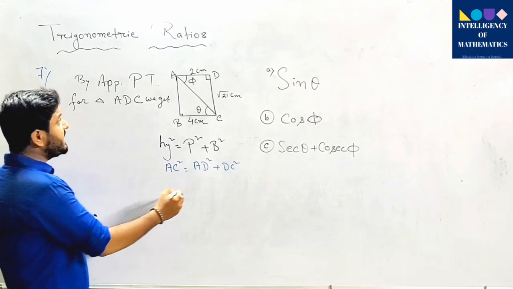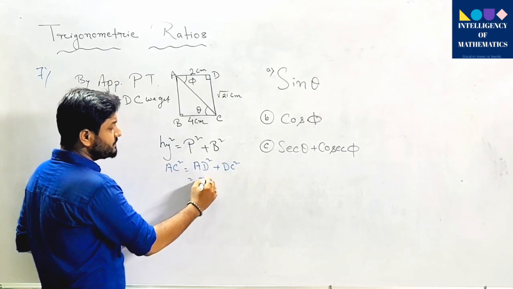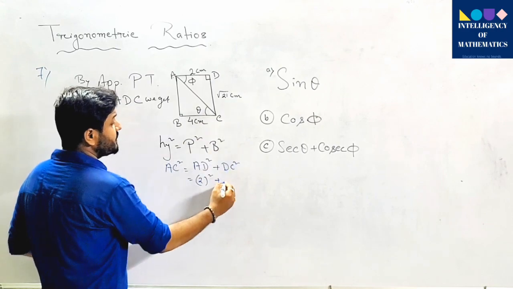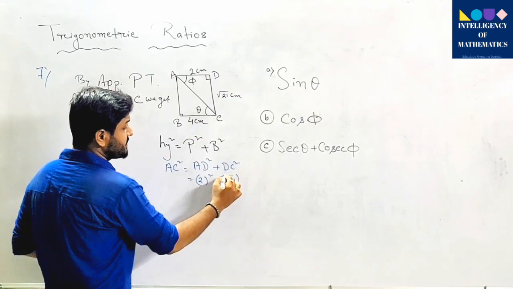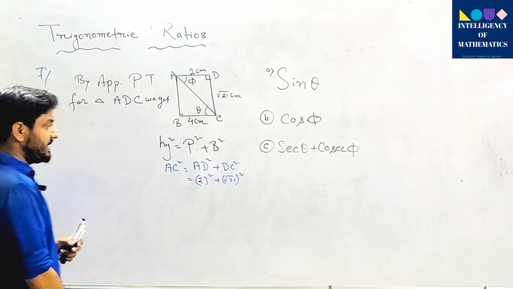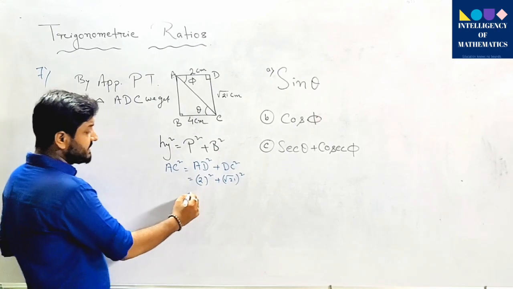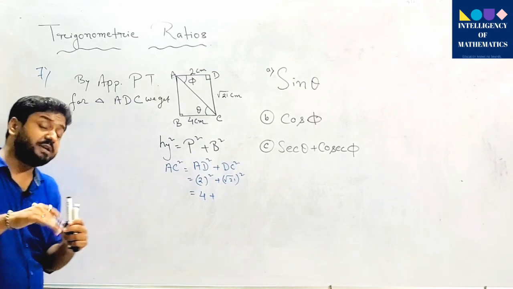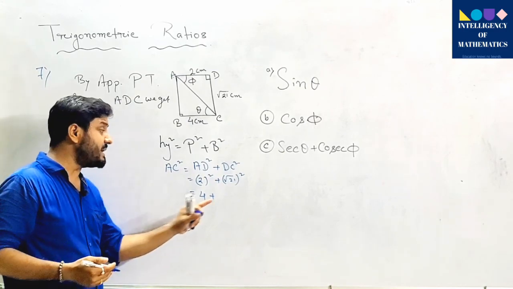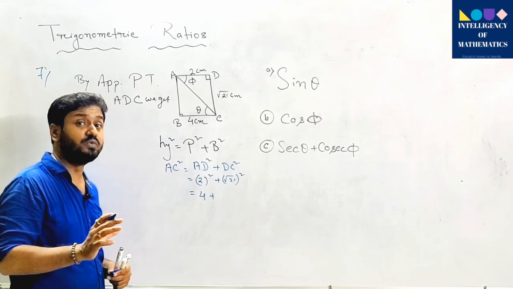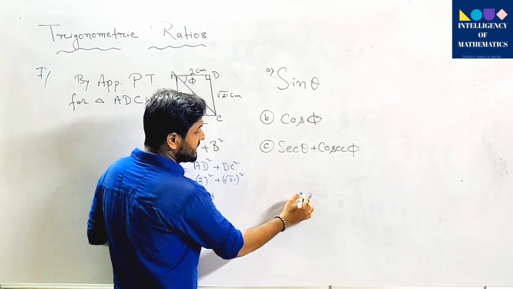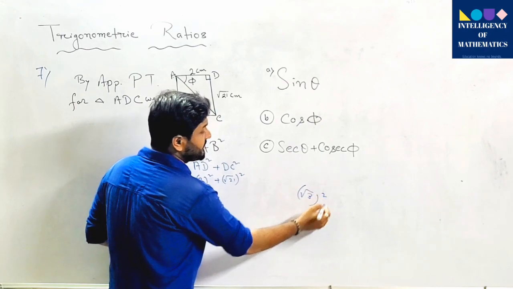Out of that, AD is given, that is 2. So we'll make it 2 square, and it is given root over 21 whole square. If you calculate, in the next step we'll get 4, and the square of a root quantity will be the quantity itself, so the root will be removed. If you have confusion, take an example: root 3 square.